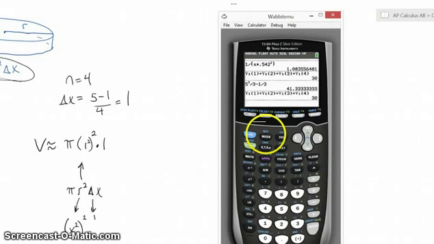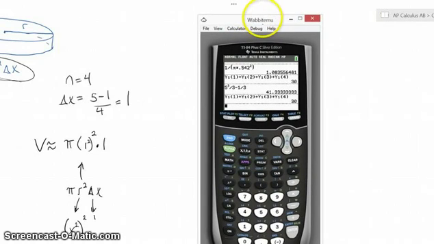And in this case, because we haven't changed the subinterval or our interval a to b, and we're still using the left endpoint method, the points we're evaluating the function at won't change. So we can actually reuse this in our calculator. We don't have to type it again. And there we go.